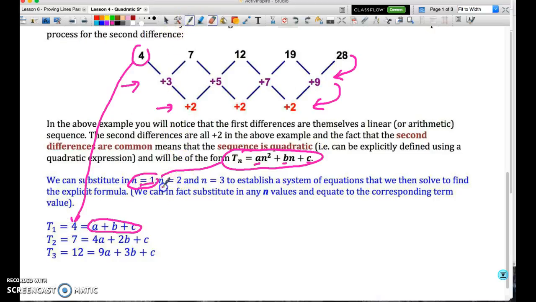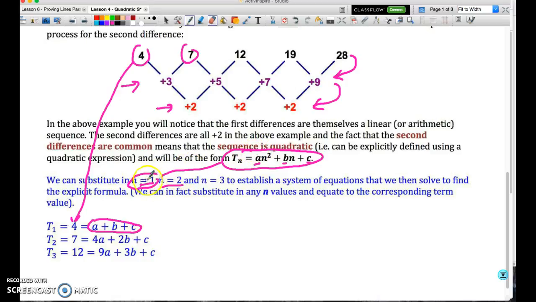We can repeat that process with n equals 2. So I've substituted 2 into the place of n. It yields 4a plus 2b plus c. And of course we know that our second term, n equals 2, is 7. And likewise for the third one, keep in mind that we didn't need to substitute n equals 1, 2, and 3. We could in fact have used any of the terms in the sequence.